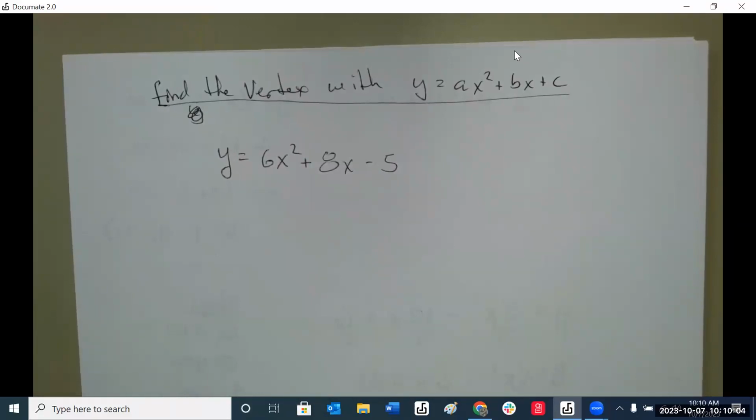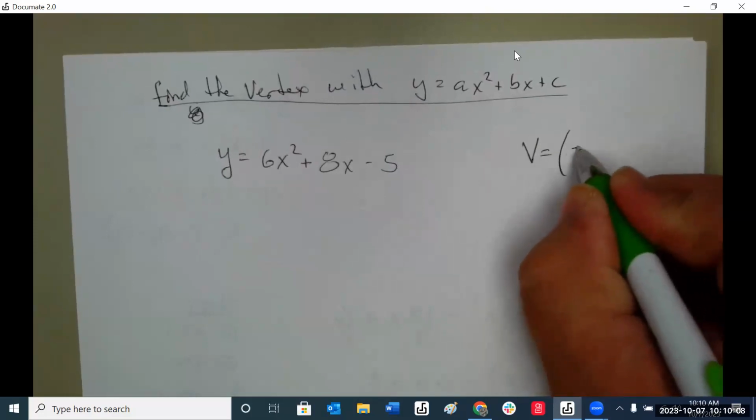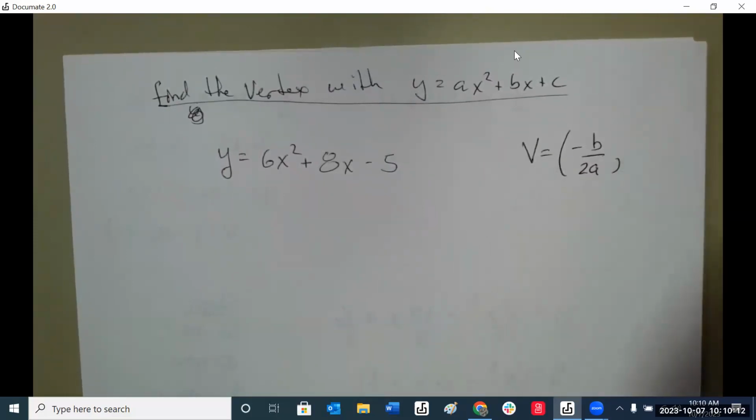To find the vertex here, the formula for the vertex is this. Remember, vertex is a point, so you have to have an x and y component.